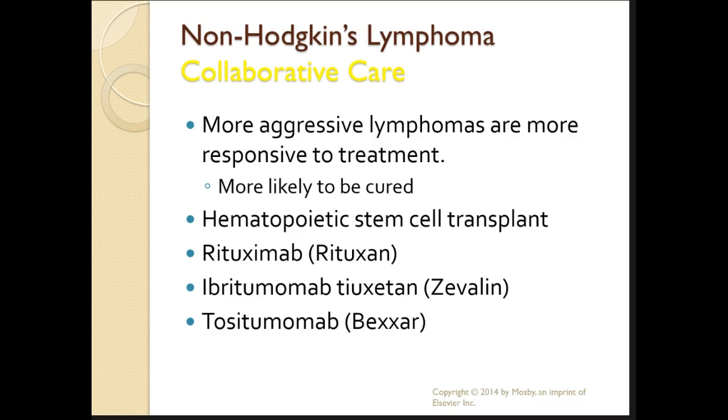So they need to be taught about safety issues and how to minimize the risk of any radiation exposure to staff and to others. Peripheral T-cell lymphomas are treated similarly to intermediate-grade or high-grade B-cell lymphomas.